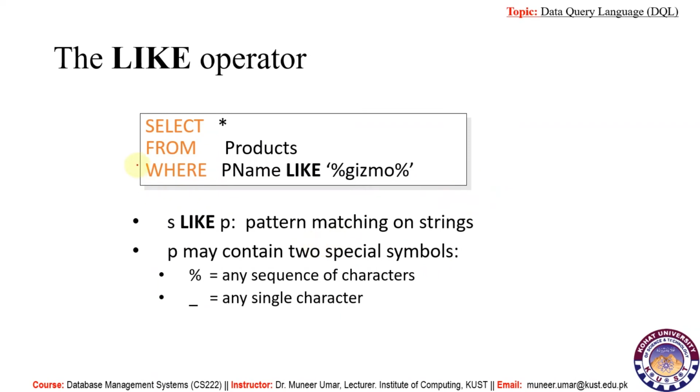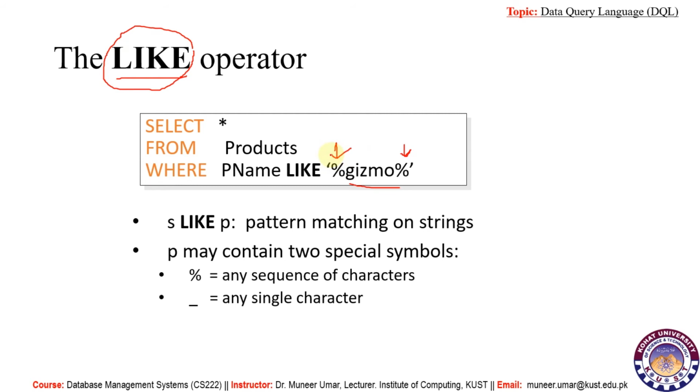Then we have a like operator. Suppose we don't know the exact value of an attribute and we want to filter values similar or containing that value which we want to be filtered. So for that purpose we use like operator. For example, I know that it is gizmo, but I don't know exactly what is before or after this gizmo word.